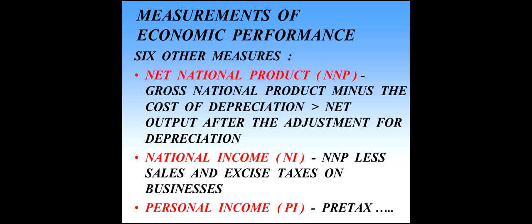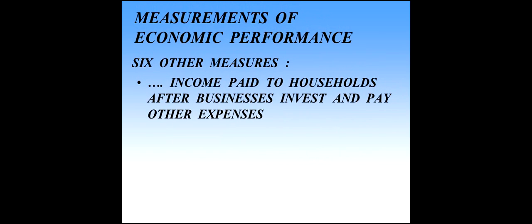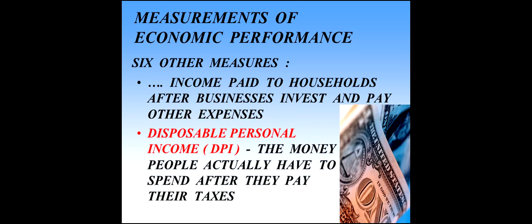That is pre-tax income paid to households after businesses invest and pay other expenses. And from the personal income, PI, we can then derive disposable personal income, or DPI. And that's the money that people actually have to spend after they pay their taxes.